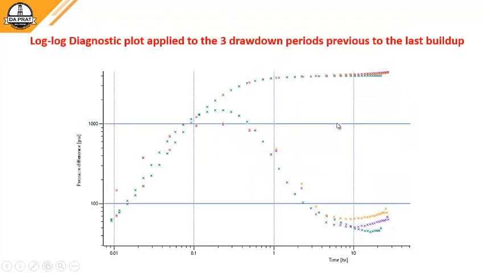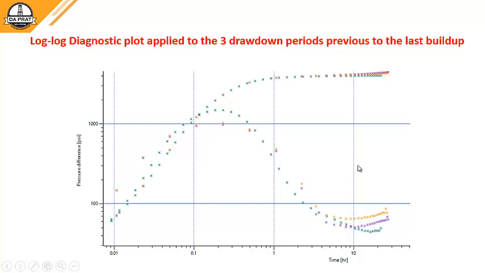So let's go now to the drawdown periods. If the drawdown data is very clean, you can also use it besides the buildup. We can see there is no evidence, at least during this testing time of 10, 20, almost 26 hours, of the pressure tending to stay constant.